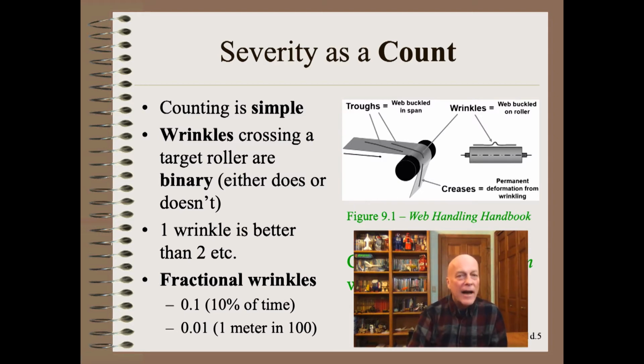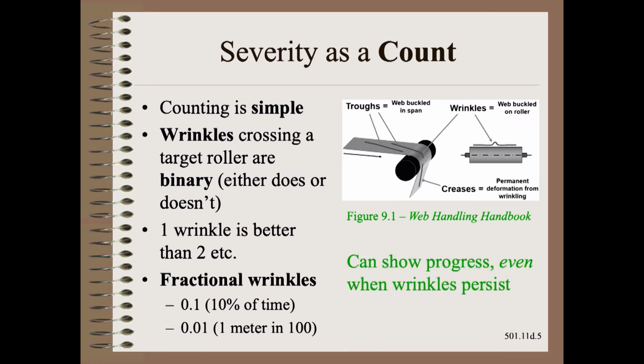What this fractional severity of wrinkles allows you to do is to show progress, even when wrinkles persist. For example, a customer might reject a roll with only 1 wrinkle as surely as a roll with 100 wrinkles. Yet clearly the former is much improved.